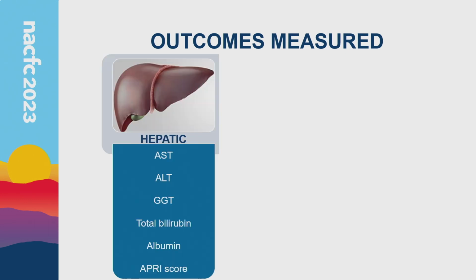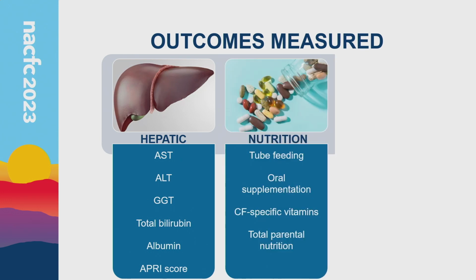We'll go by them in groups. Liver outcomes included AST, ALT, GGT, total bilirubin, albumin, and an APRI score, or the AST to platelet ratio index score, which is a serologic marker of cirrhosis. G-tube and feeding outcomes included tube feeds, oral supplementation, cystic fibrosis specific vitamins, and total parenteral nutrition, or TPN.